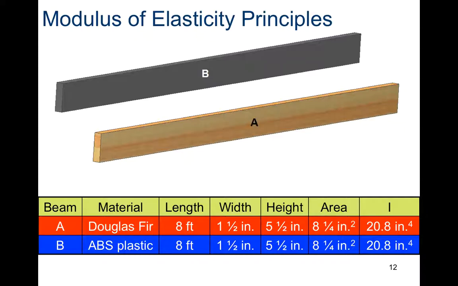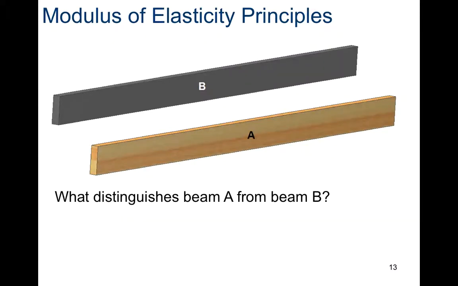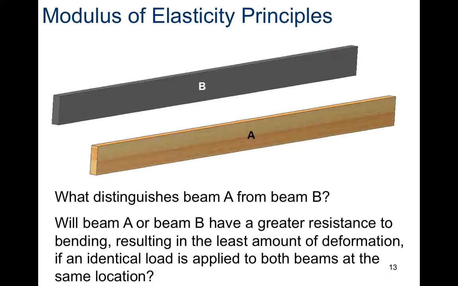Okay, so this is showing you two different beams. Beam A is Douglas fir, which is wood, and beam B is a type of plastic called ABS, showing you the different properties they could have. What distinguishes between these two beams? They're going to have a different chemical makeup, and that can result in a different amount of deformation, so a different modulus of elasticity in this case.